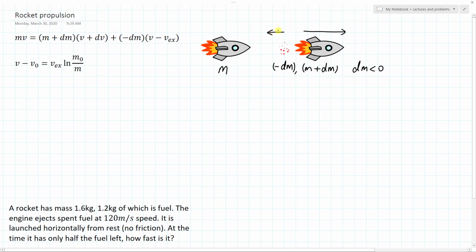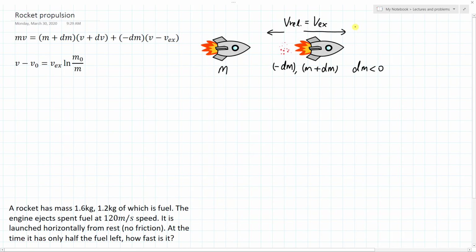The rocket has this final velocity, and the spent fuel has this velocity, and the difference, the relative velocity, is called v exhaust. That's how fast the rocket engine can throw the exhaust gas backwards. So there's a relative velocity between these two.